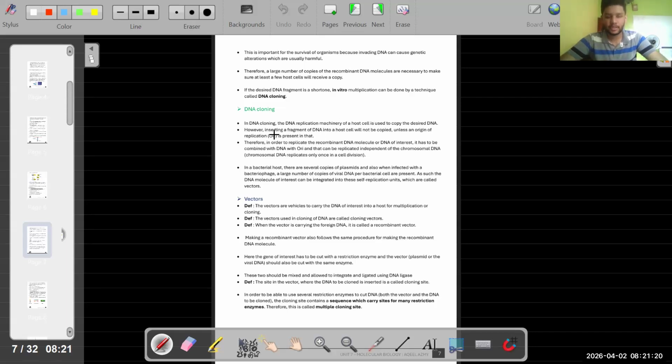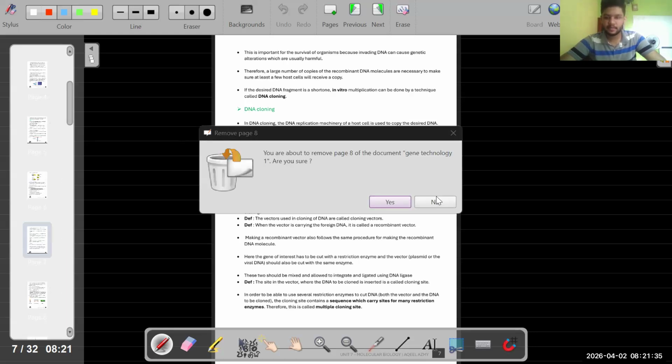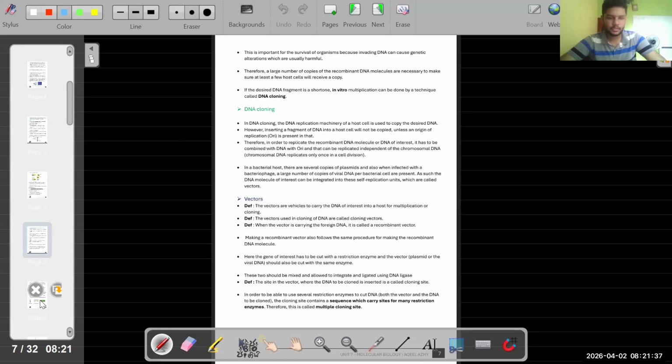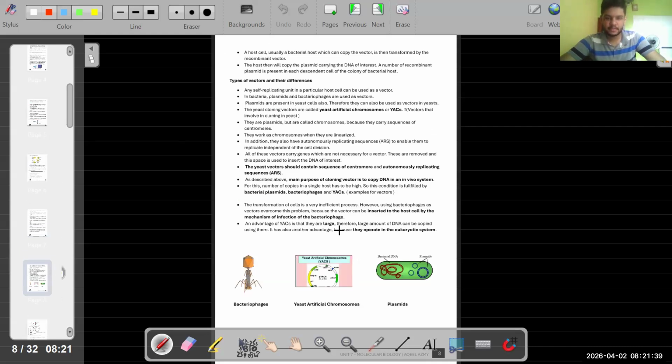And we went on to the vector part. We learned about different types of vectors: plasmids, bacteriophages, yeast artificial chromosomes. I guess this is the last part we did last week.